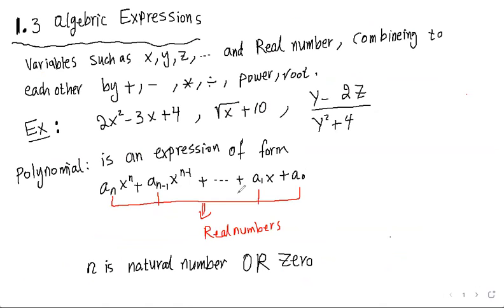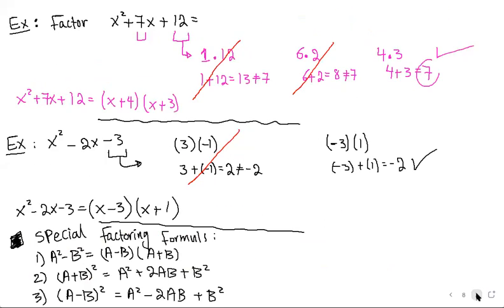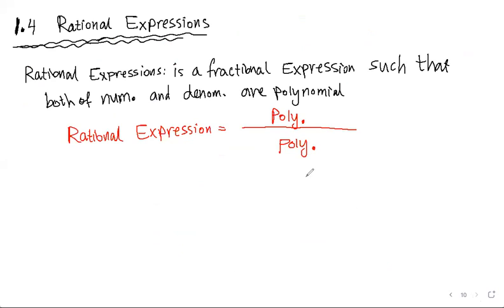This is called a polynomial. And in the next slide, I said this is not a polynomial. Why? Because the power here is not a natural number. So a rational expression is a polynomial over a polynomial.